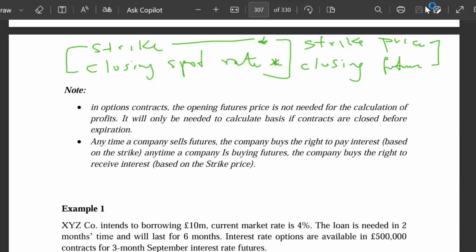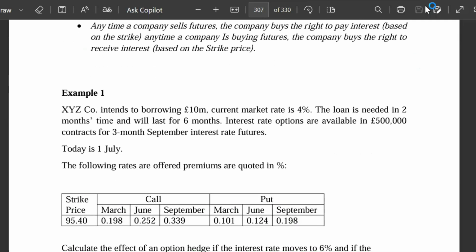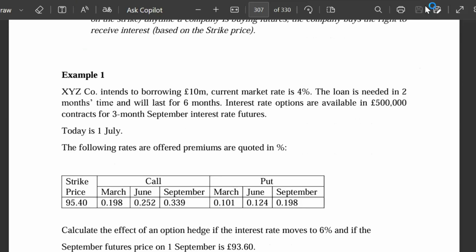Let's look at a simple example. XYZ intends to borrow 10 million pounds sterling. This is the transaction amount.